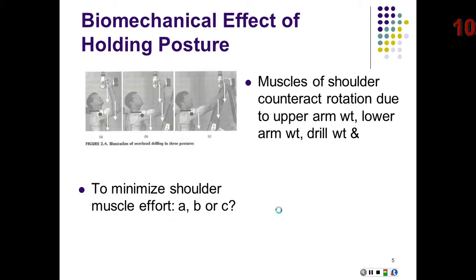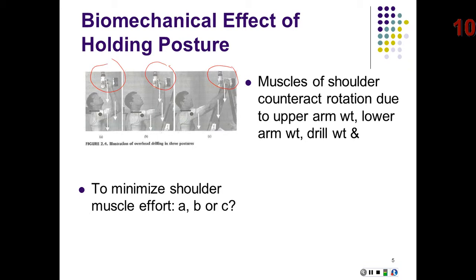So using that basic setup, that's just to hold your body weight. But what happens if you throw a tool into the equation also? You're, for example, holding a drill in this example in your textbook. The muscles of your shoulder have to counteract the rotation due to your upper arm weight and your lower arm weight, as seen in the previous picture, plus the drill weight.